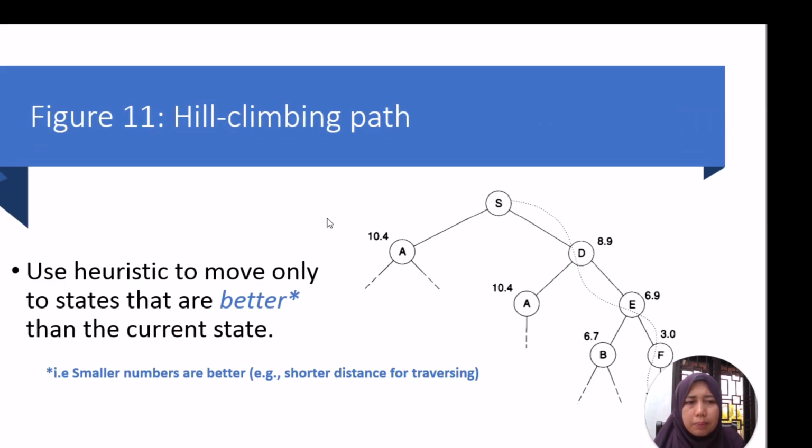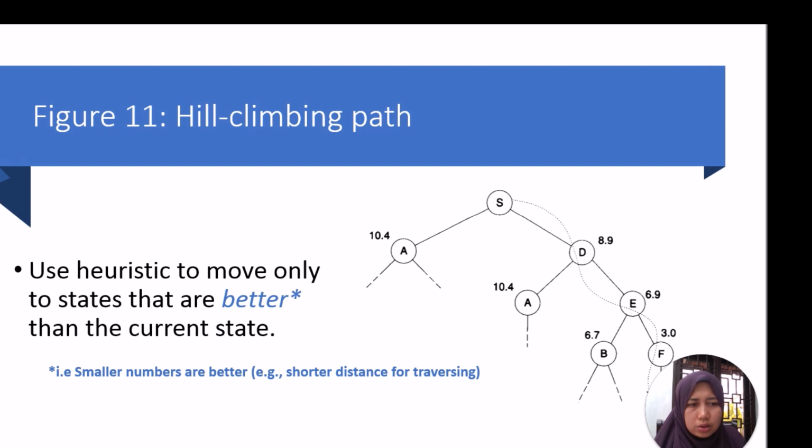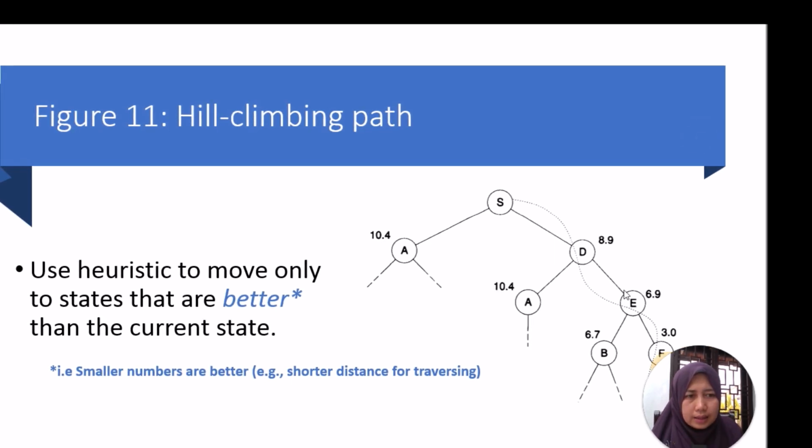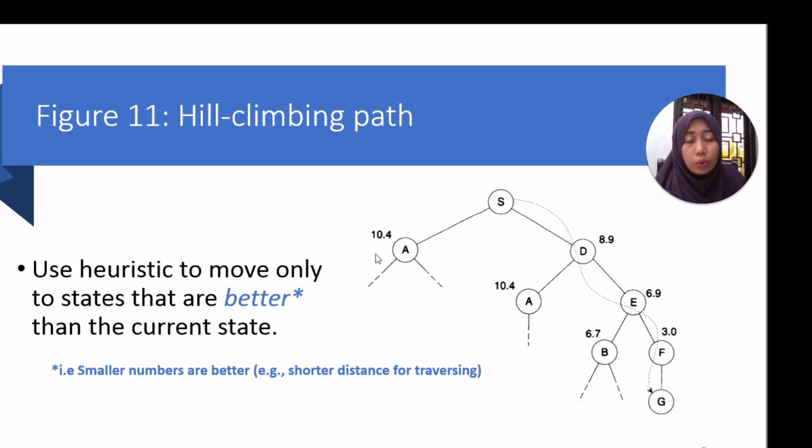This is an example of a graph for hill climbing. The task is to move from S to the goal given by G. Hill climbing will always choose the lowest distance.